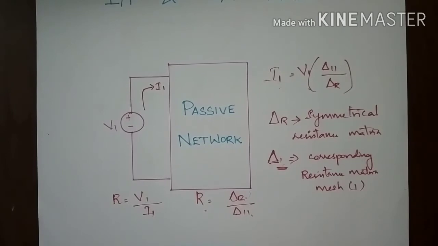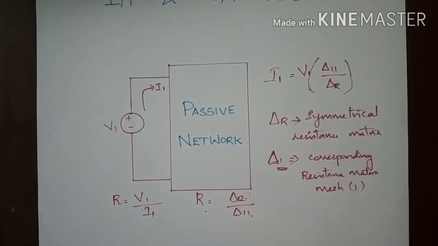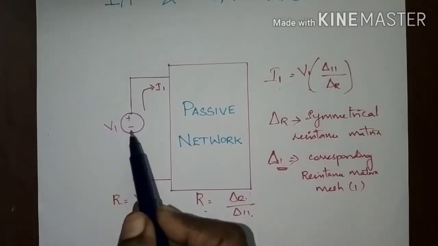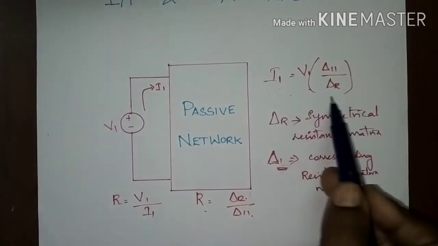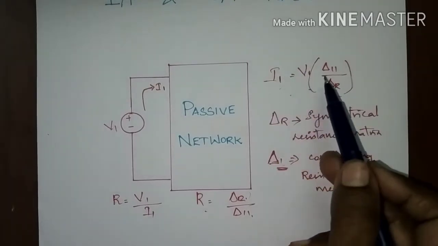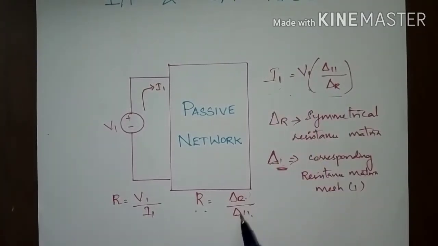So, this is the input or driving resistance for a single source network. Since the current has been driven only through this voltage, your current equation can be given by this equation. From this equation, after manipulation, your resistance value is del R divided by del 11.